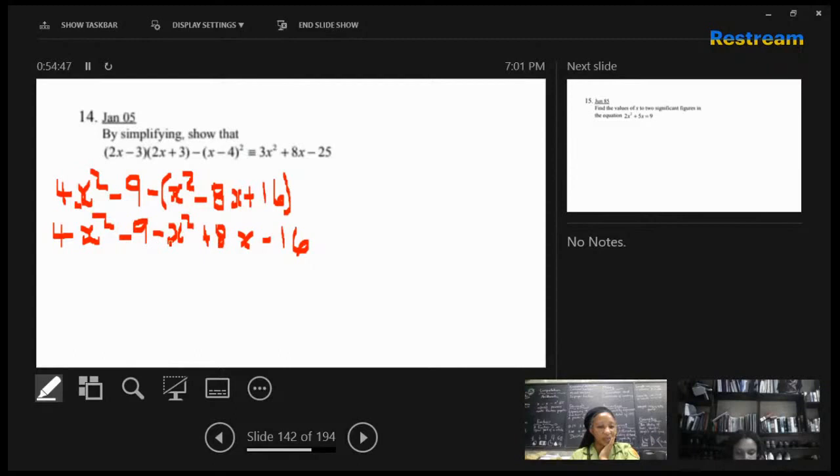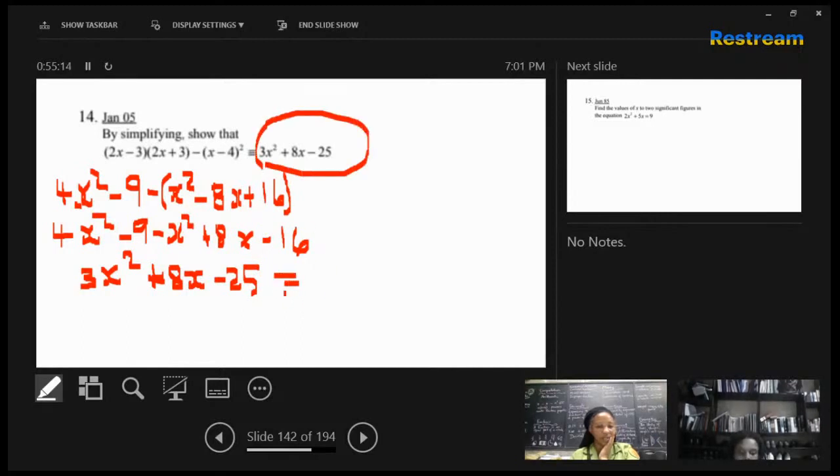So 4x squared minus x squared, and 8x, and negative 9 minus 16. Negative 9 minus 16 is negative 25, which is that, right? Yes, miss. So we have proven that it is. You keep putting the equivalent sign. Okay.